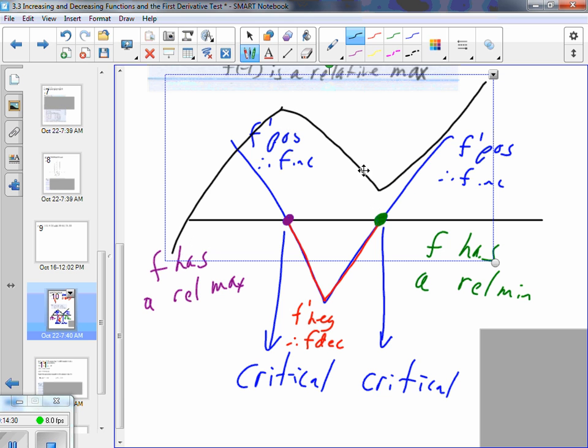No, I'm not finding the max and min of f prime. No, I'm finding the max and the min of f. I'm using f prime to do it. I'm not finding the maxima or minima of f prime.